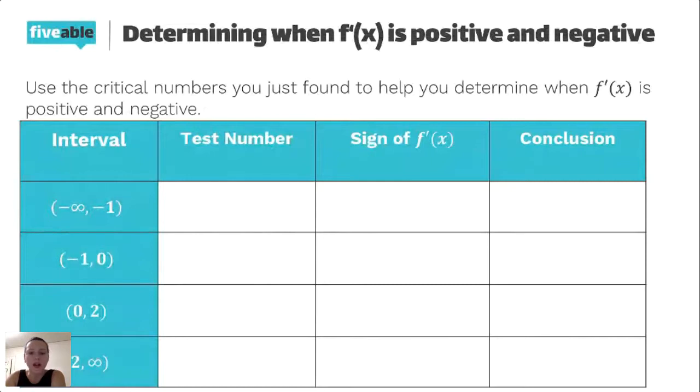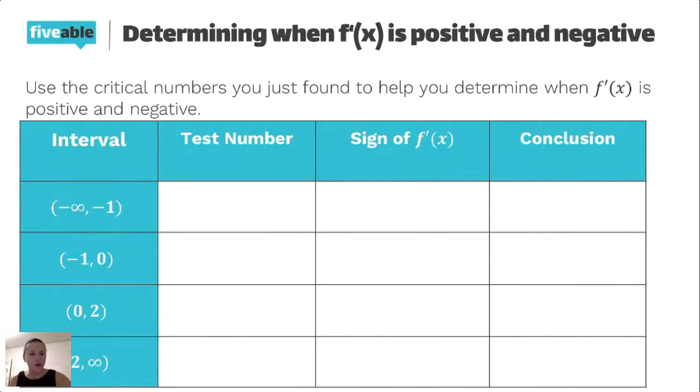So what I've done is I have made a little chart for us to organize our information. We're going to look at the intervals from negative infinity to negative 1, negative 1 to 0, 0 to 2, and then from 2 to infinity. I don't know if you guys can see on your end or not.